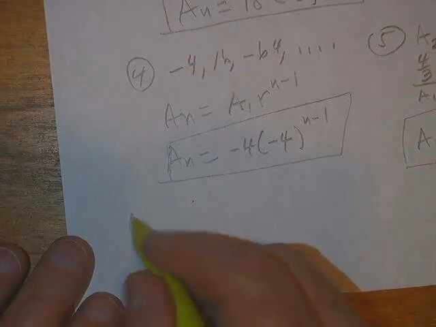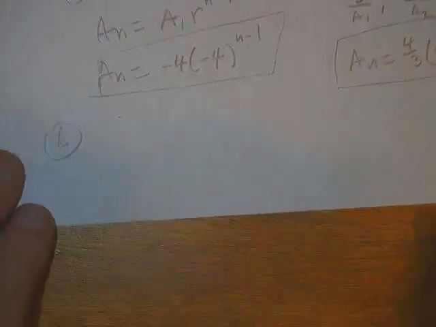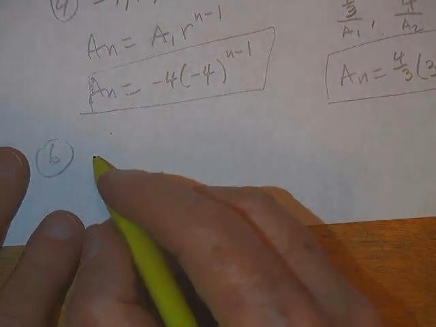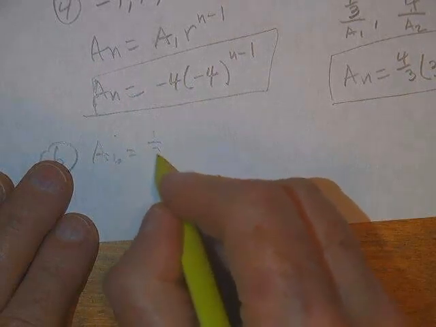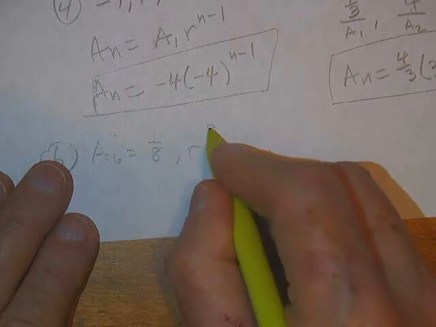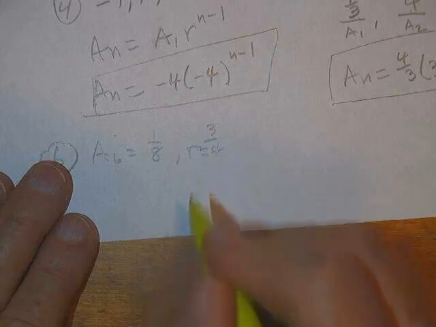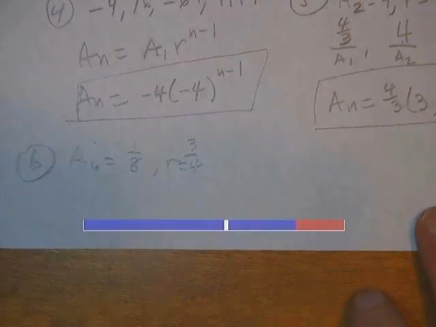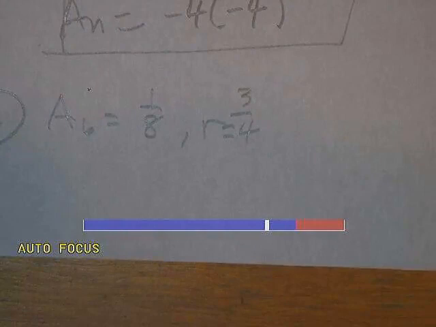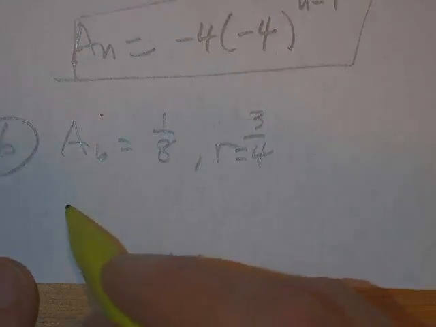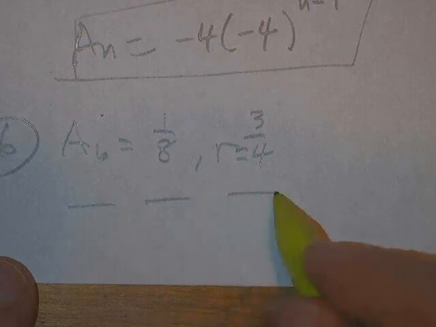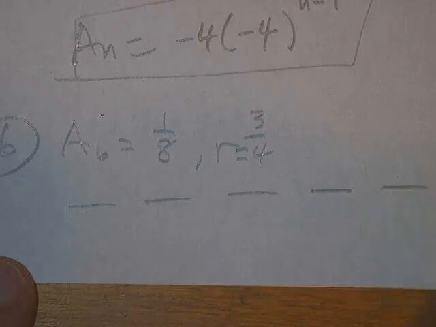Let's jump to 6 in here while we're at it. I want you to just take notes on these. Here's the 6th term is an 8th, and r is 3/4. Oh boy. So what they did here is they gave me the 6th term. 1, 2, 3, 4, 5, 6.